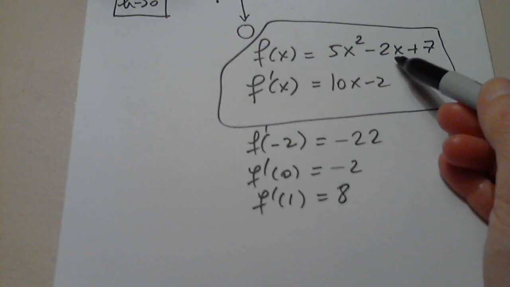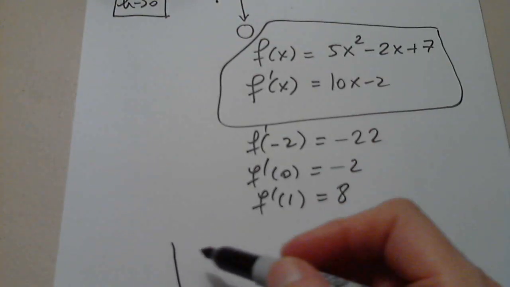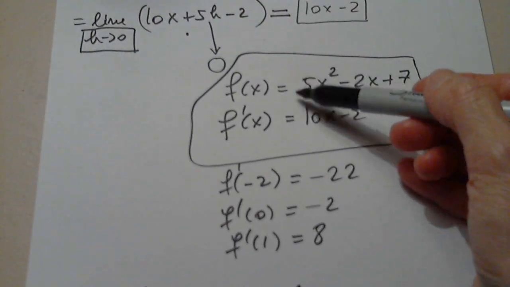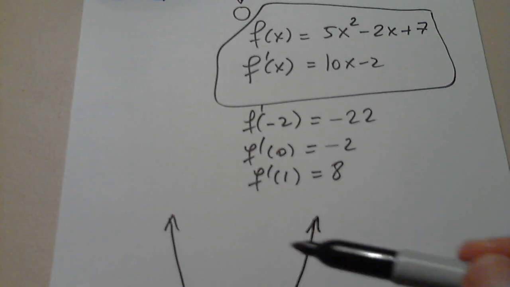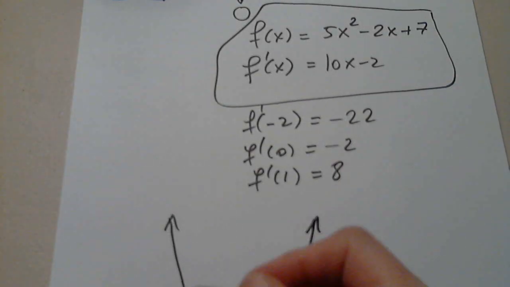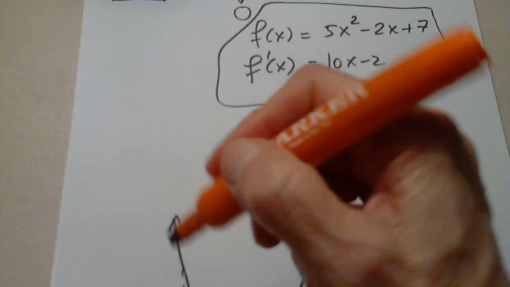When we graph this function, you will see it will have a minimum. How do I know? The leading coefficient is positive, so it has a minimum. So at -2, let's say this is x equals -2, look at the slope of the line. This function is decreasing fast. Look at the slope.